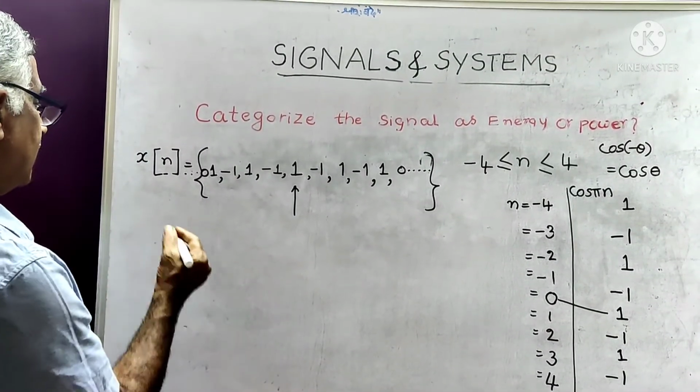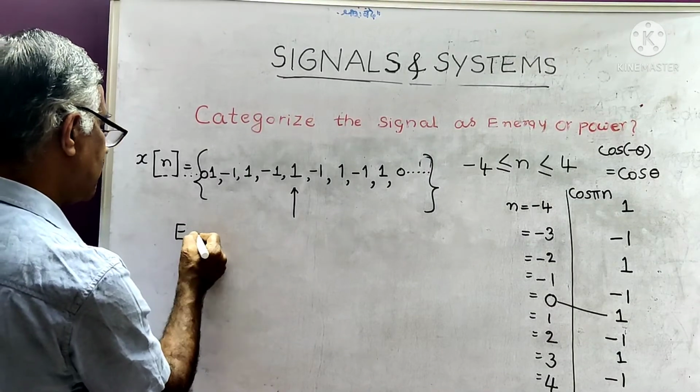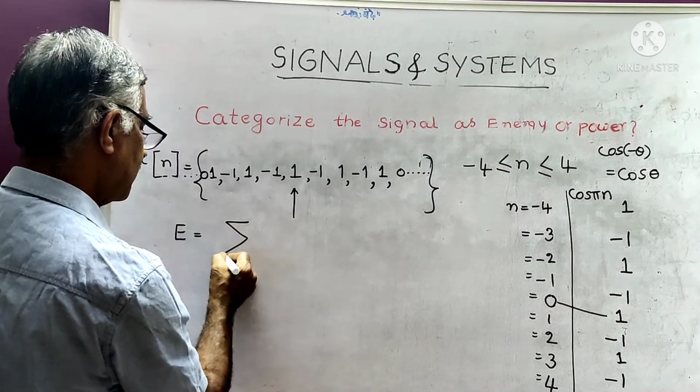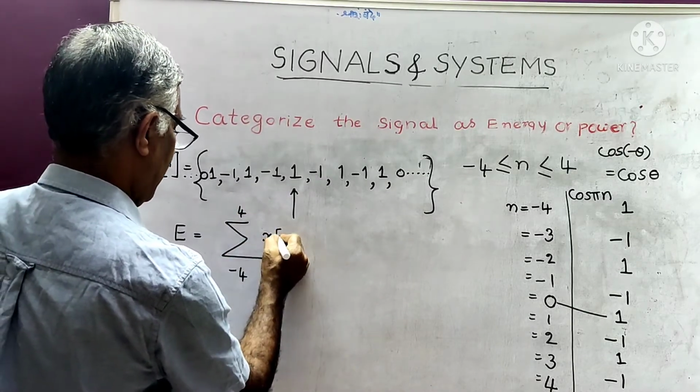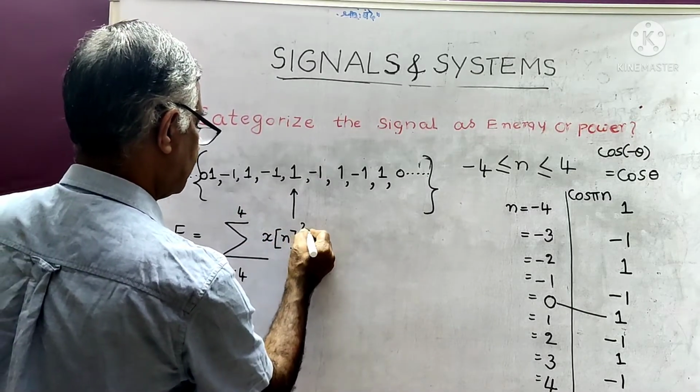Now you find energy. Energy E is equal to summation from -4 to +4 of x of n whole square.